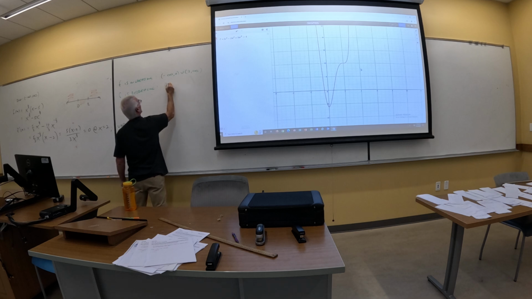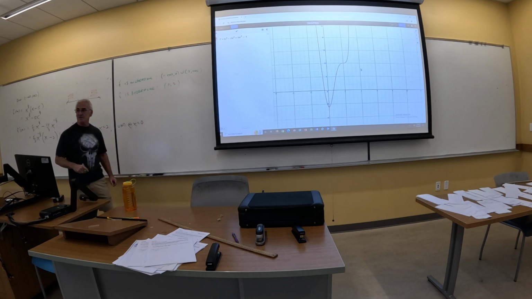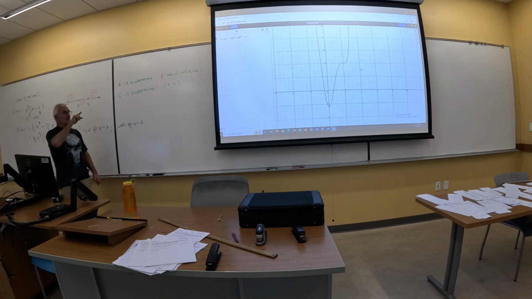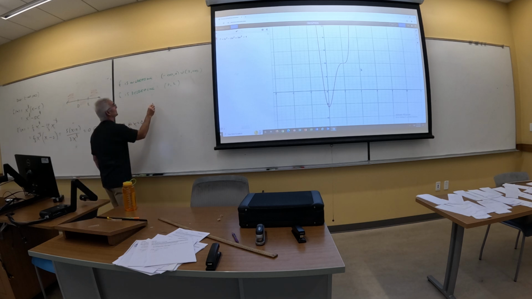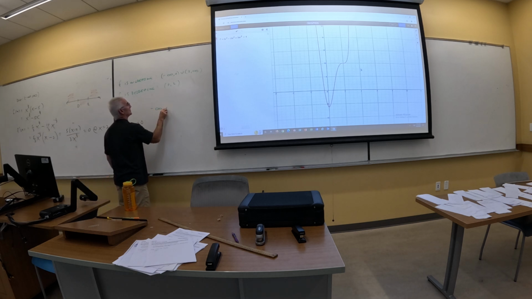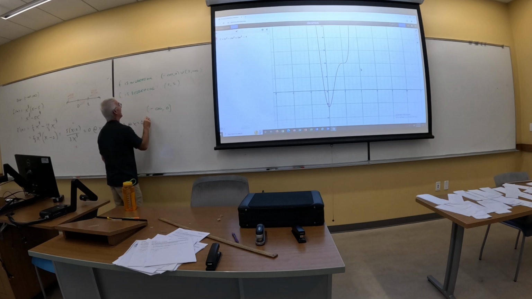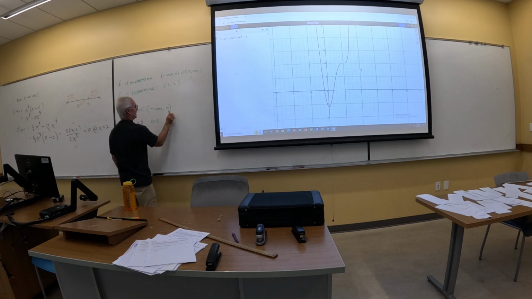And it's decreasing here. I have seen textbooks give these as closed intervals. This is a problem. Okay, never write this down. But if I said it was increasing from negative infinity to 0 and I closed it, and then I said it was decreasing from 0 to 2, what am I saying?